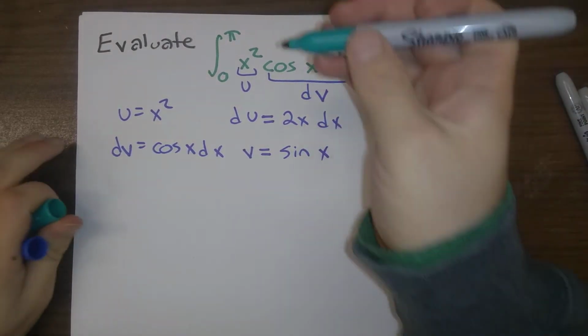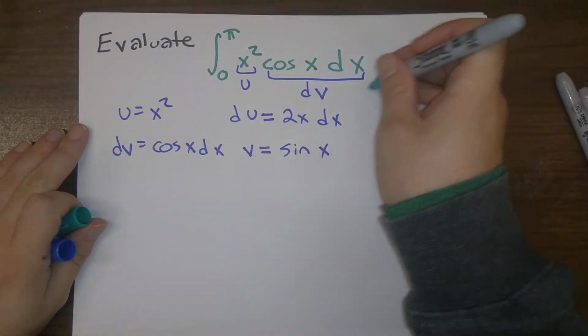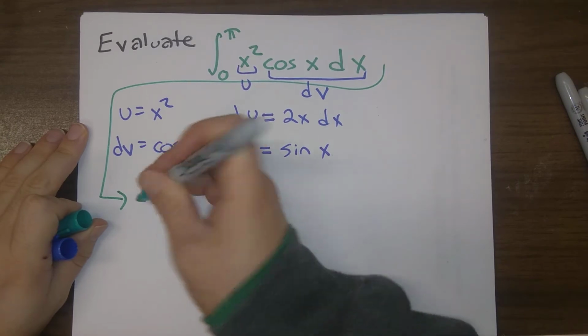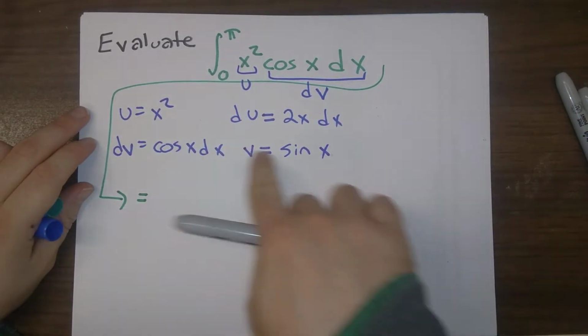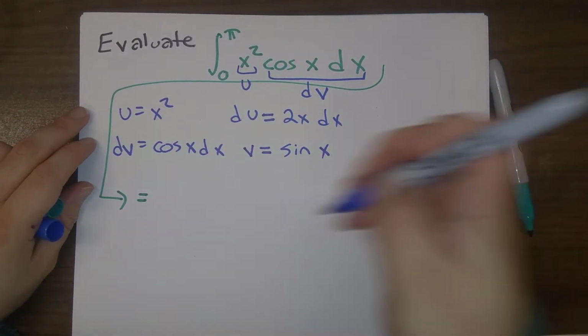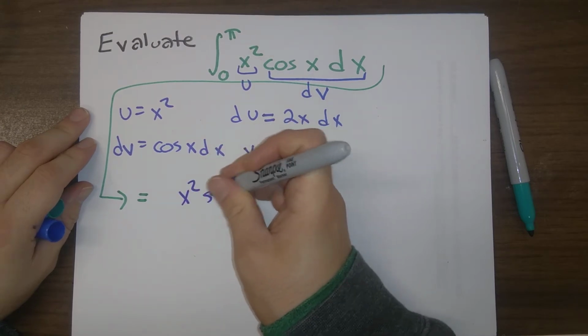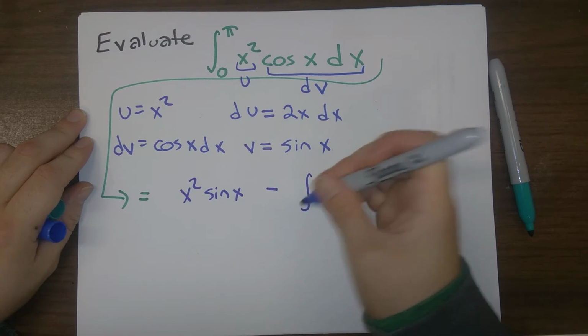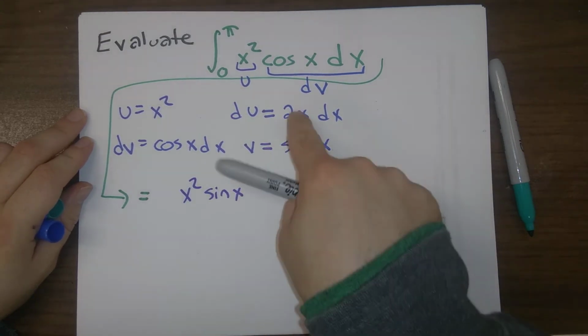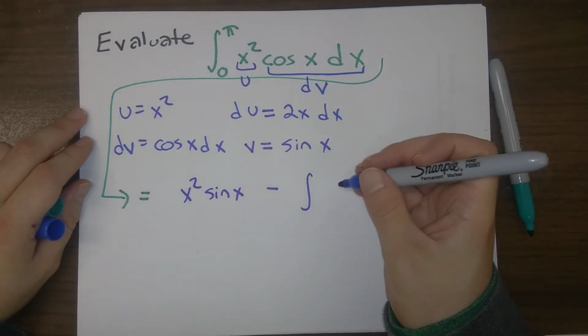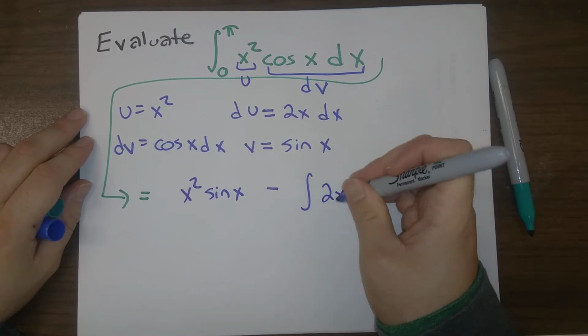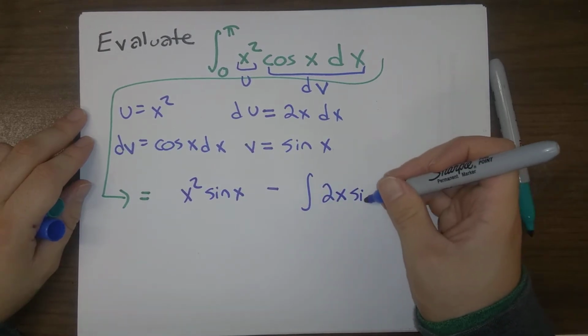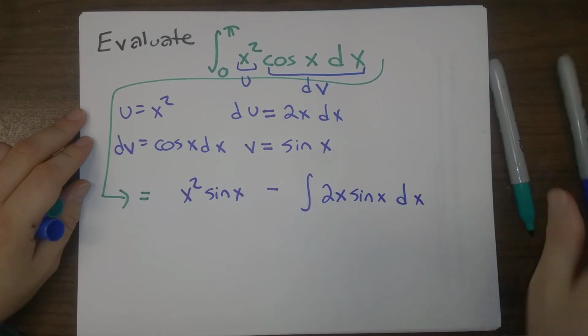And so this integral then is equal to u times v. So x squared times sine x minus the integral of v du, the integral of 2x sine x dx.